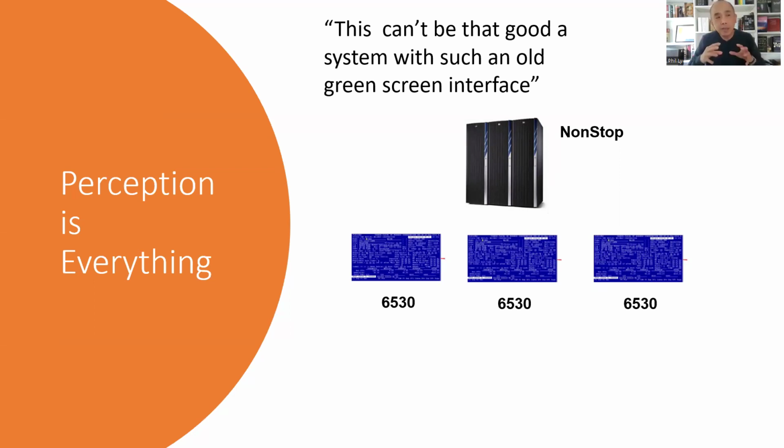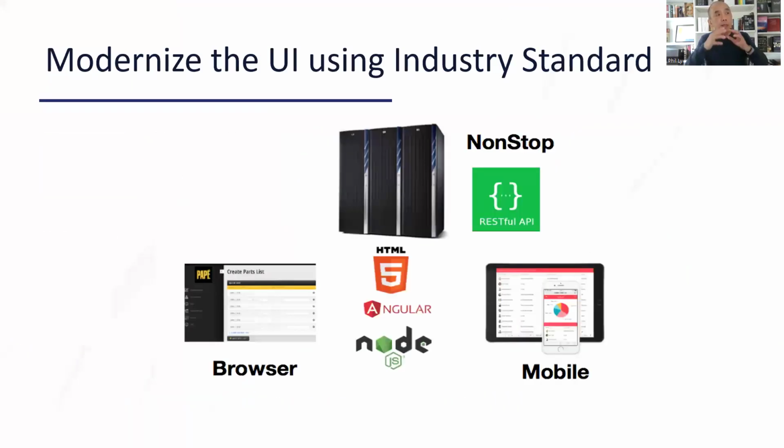So with REST and LightWave Server, it allows you to take advantage of exposing that business logic to a modern user interface. That means you can use a browser, a mobile, use the new technology now, and just give the NonStop applications a new UI.